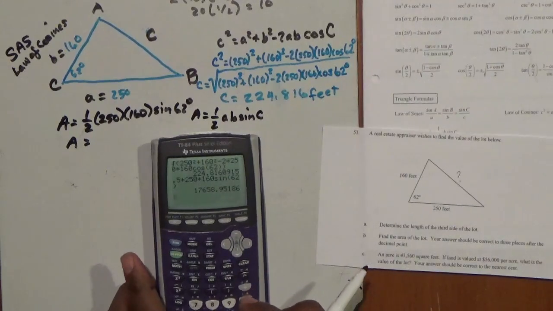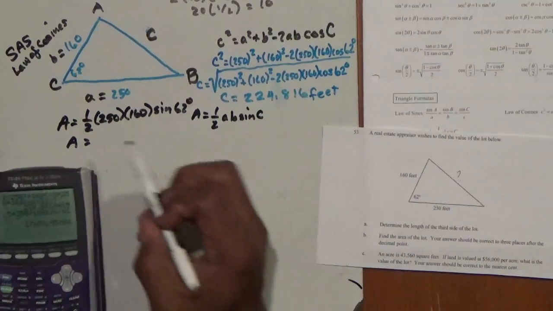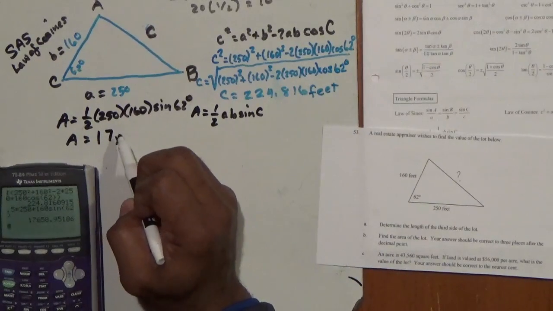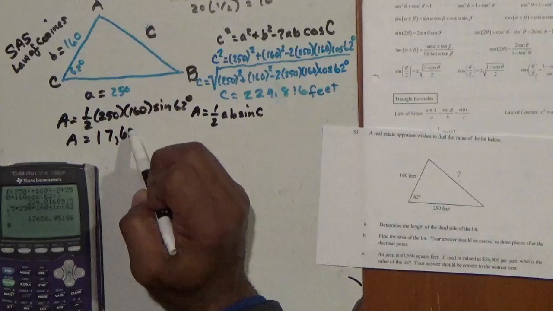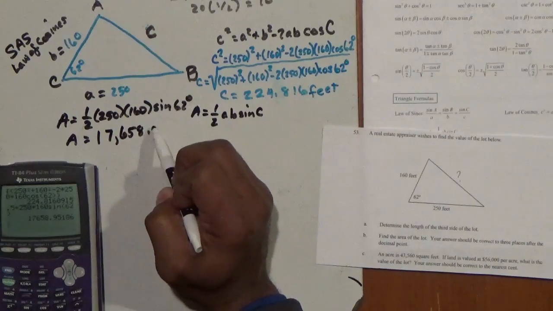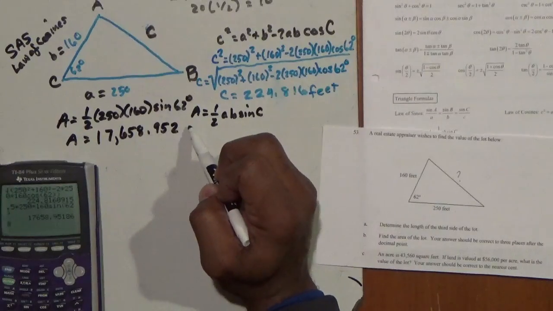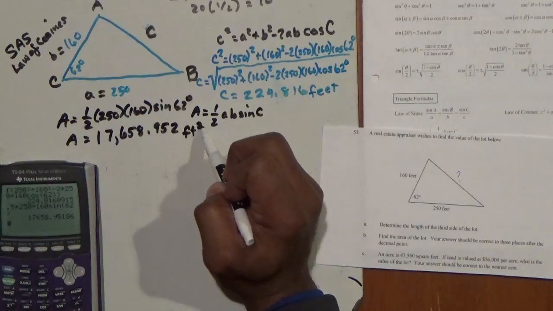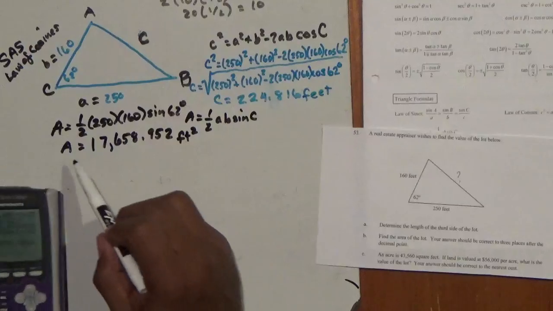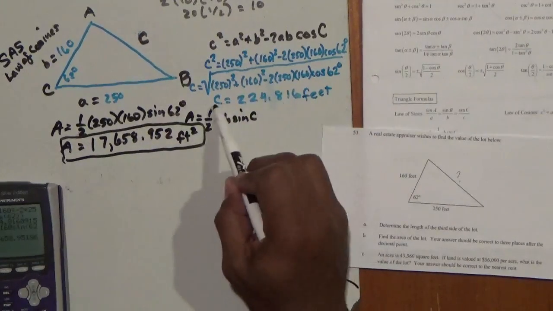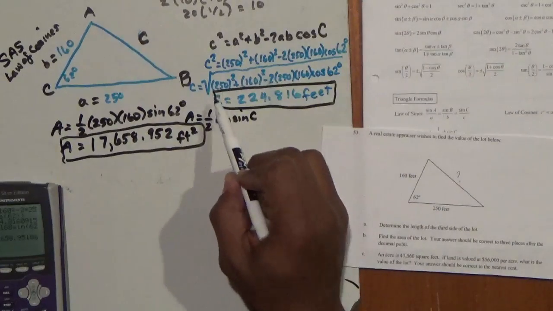Enter. So what we're saying is that the area is 17,658.952 square feet. So that's the area. Let's put a little box around our answers.